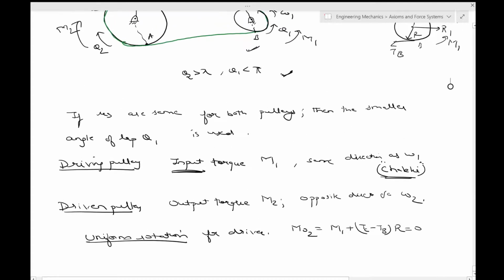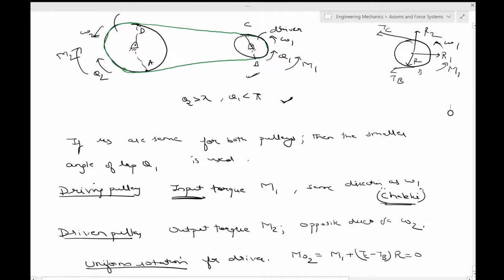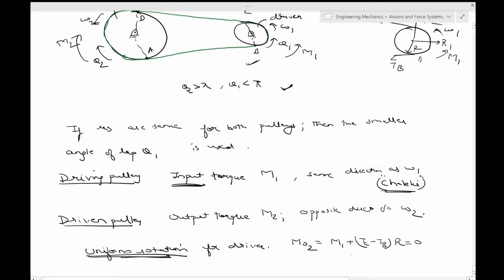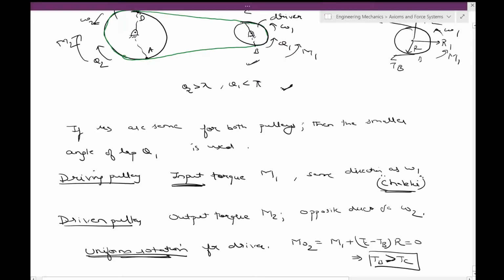So MOZ would be equal to M1 plus TC minus TB into R, just because we do not want any resultant moment, because then it would start to accelerate. That's why we are considering the case of uniform rotation. So this would mean that TB minus TC is greater than 0, or TB is greater than TC. This is something which you can verify.